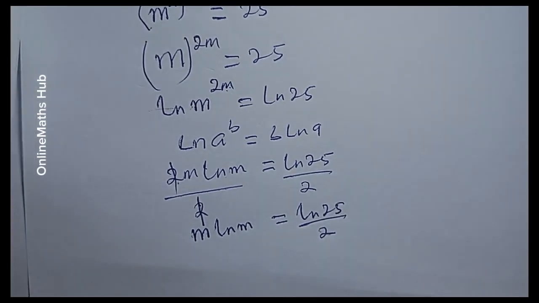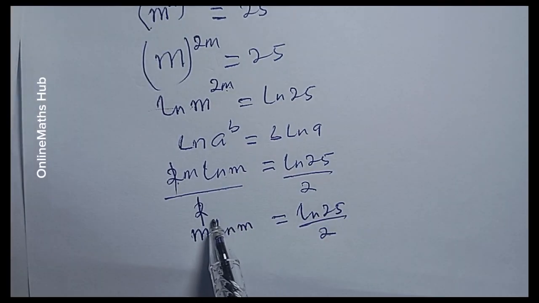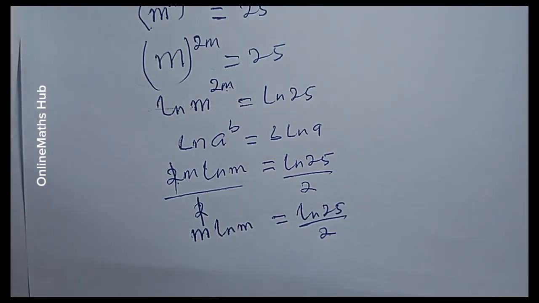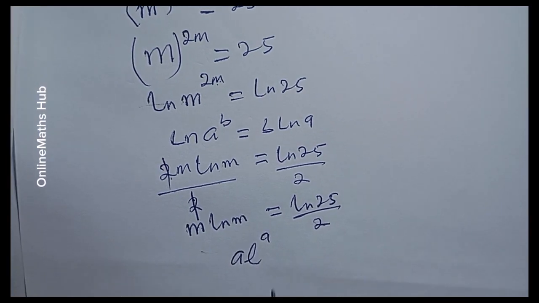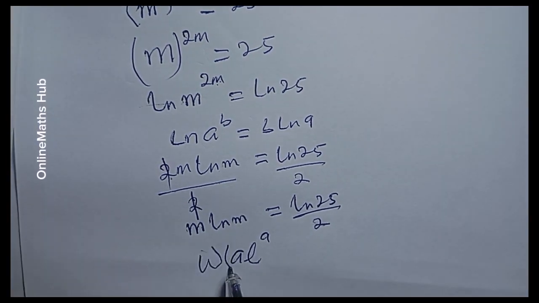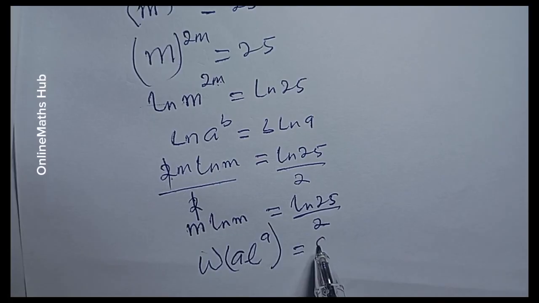Looking at how the problem is, we're going to be applying the Lambert W function to solve this. Our job is to simplify this left hand side to be in the form of a e to the a, so that when we apply the Lambert W function, this is going to be equal to a.